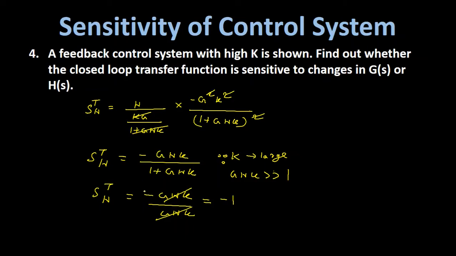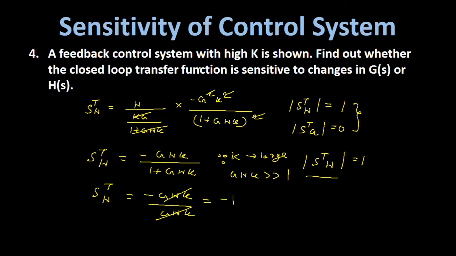If we find the magnitude of this sensitivity of T with respect to H, we get 1. We got the sensitivity of T with respect to G equal to 0, and if we compare both results, the sensitivity of T with respect to H is equal to 1. That means the overall transfer function is 100% sensitive to variation of the feedback path transfer function H(s).